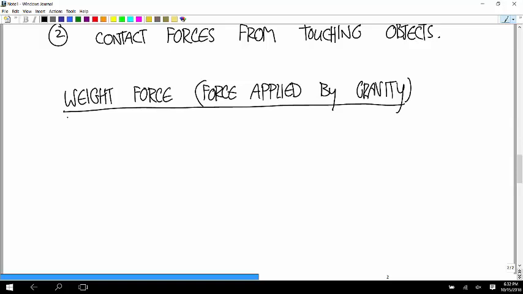We're going to be able to figure out what the weight force is applied to an object by analyzing an object that's in free fall.